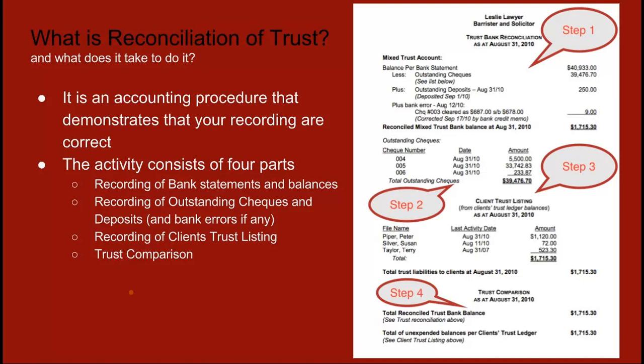Before I even get into that, let's just try and demystify the reconciliation process. It's truly an accounting procedure that demonstrates that you are recording everything that's happening as and when it happens, and you're marrying what's in your books, whether it's manual or software, to the bank. So let's say you have a bank account, and that's what really reflects what's happened in reality.